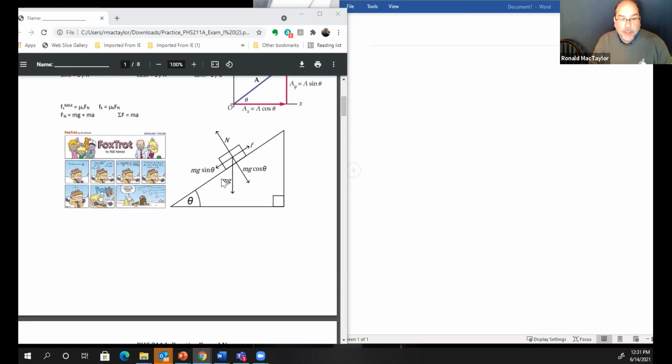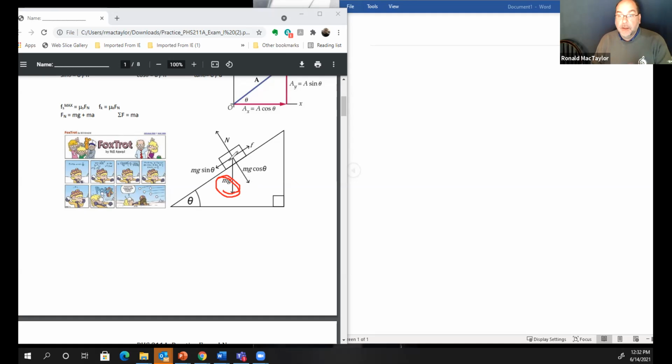One piece that we did asynchronously was the discussion of a box on an incline, and I just want to take a moment to go through it. So we have a box sitting on an inclined plane. Gravity pulls straight down toward the center of the earth. That's the mg, the weight of the box.